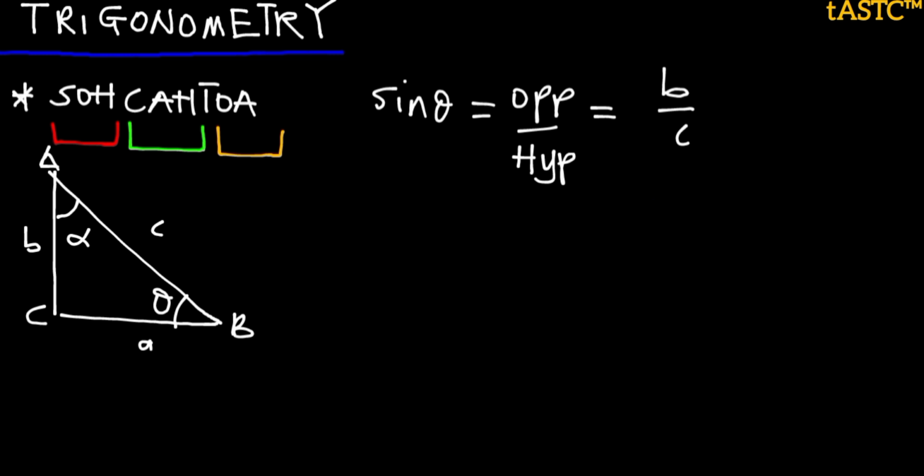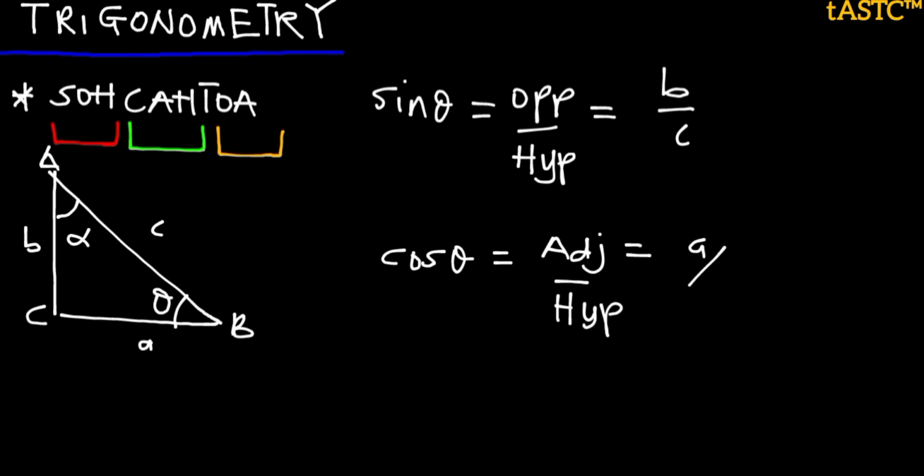Next up, we're going to deal with cosine theta. That is supposed to be adjacent divided by the hypotenuse. This is going to give you a, which is that side, divided by the hypotenuse, which is c. So this is what you get.